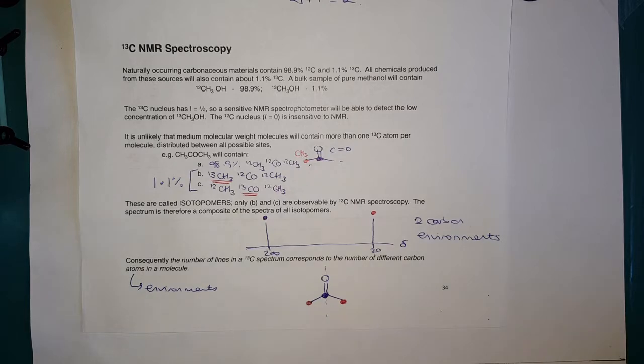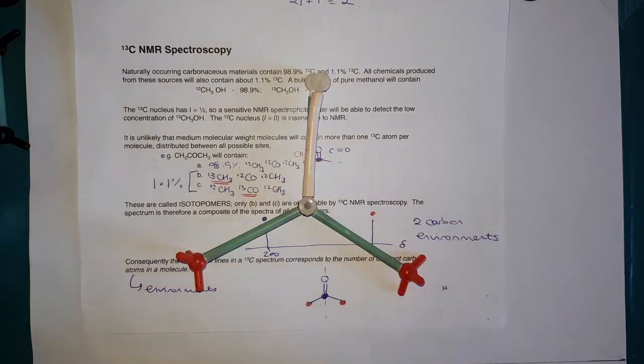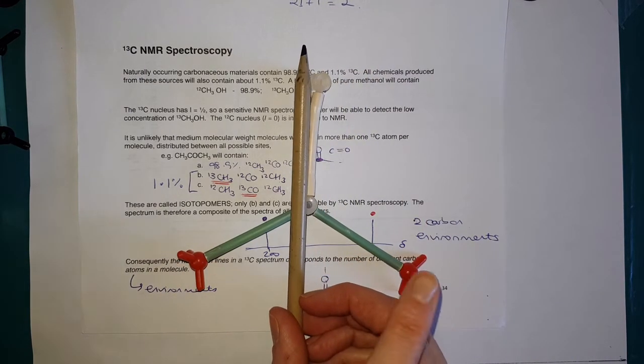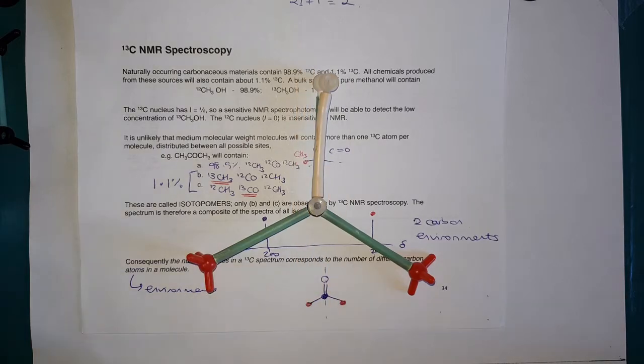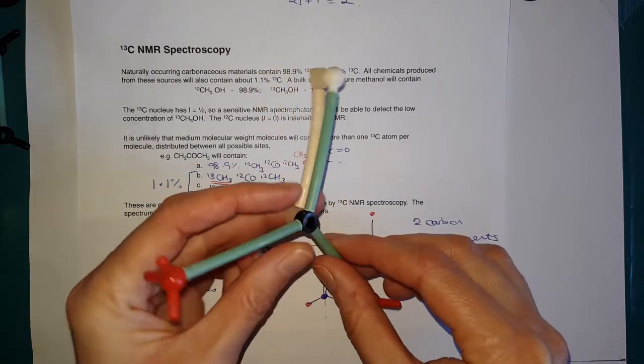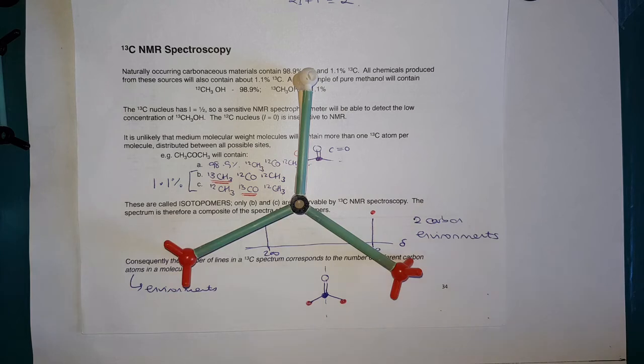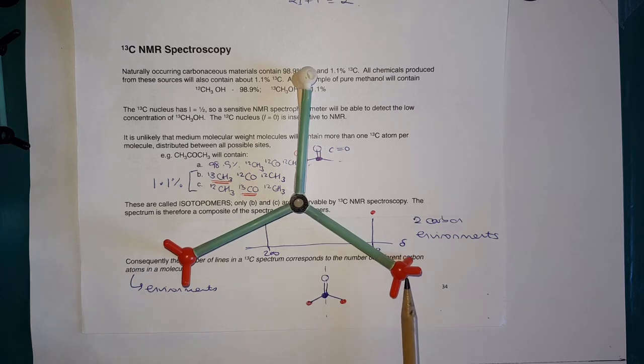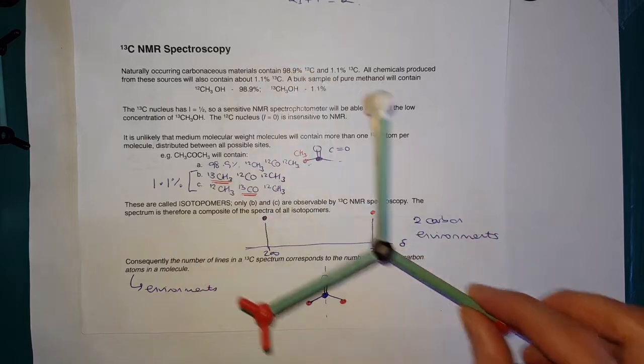This molecule is acetone, propanone, and we've got a line of symmetry down the middle here. These 2 red carbons are in exactly the same environment because we can flip the molecule over and the molecule looks exactly the same. And so we've just got this central carbonyl carbon here, and then this CH3 environment, which is the same as this one. And that's why we only see 2 peaks in our carbon NMR spectrum.